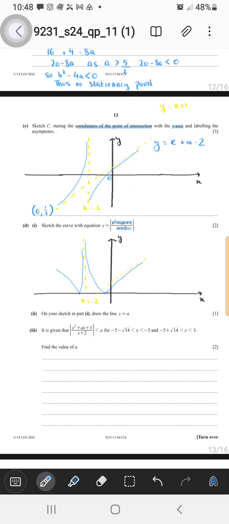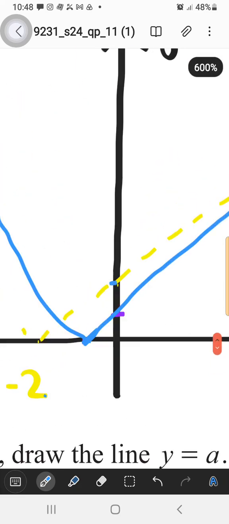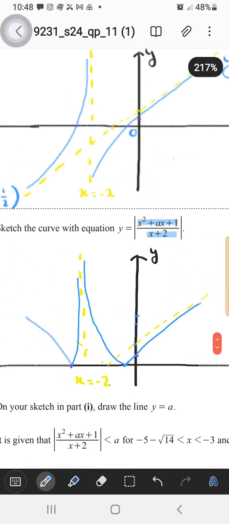On your sketch in part 1, draw the line y equal to a. Okay, what was a? a is greater than 5/2. This is 1, this is 2, and this is 5/2. Now we have to draw a line.